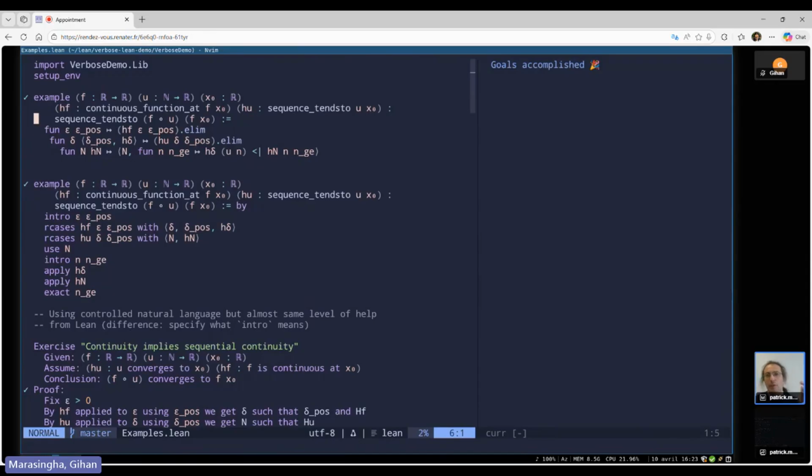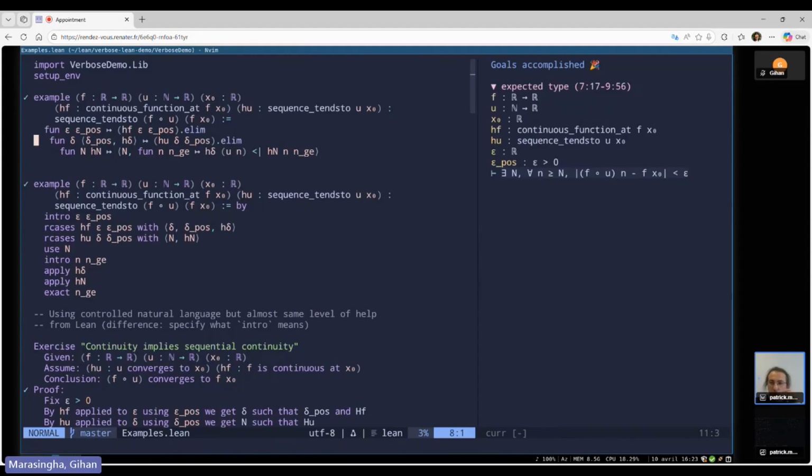Remember, if I want to prove that continuous functions are sequentially continuous, you can give a proof term. So you can just fully prove this by providing a proof term without using any tactic. This is using the eliminator of existential and basically nothing else, and the rules of lambda calculus.